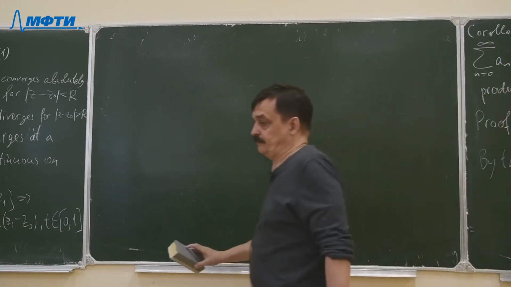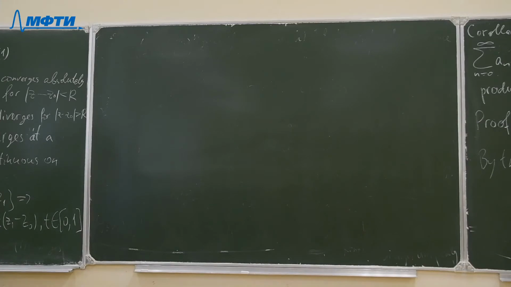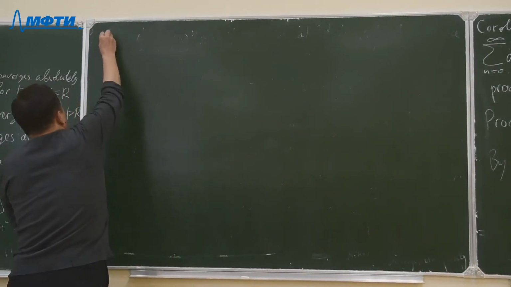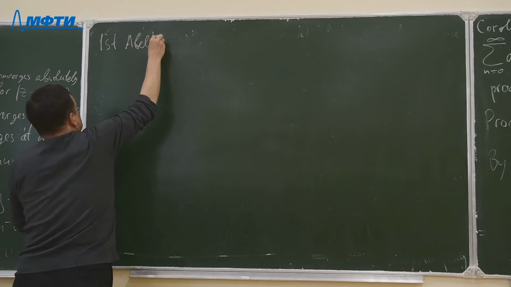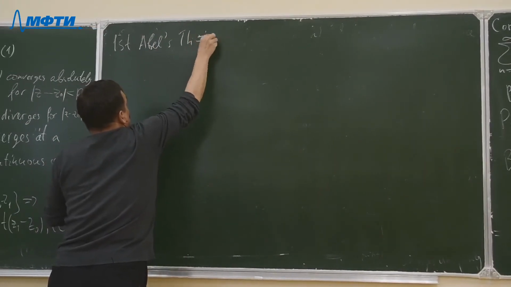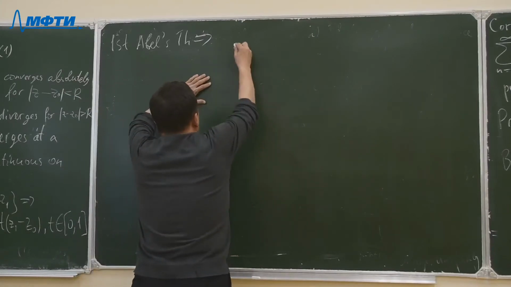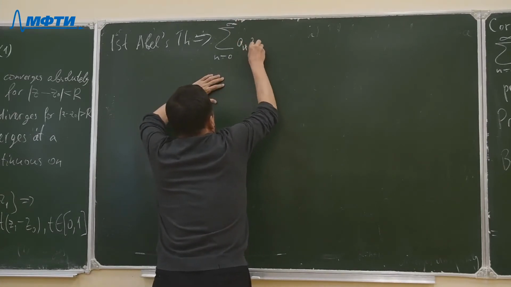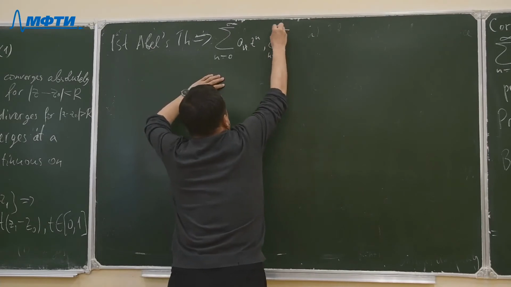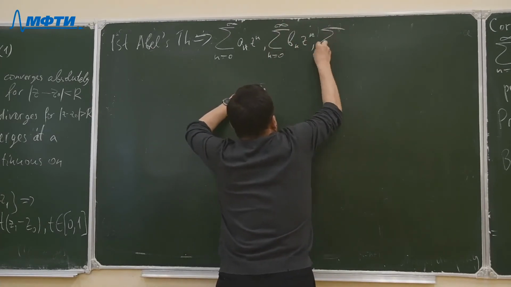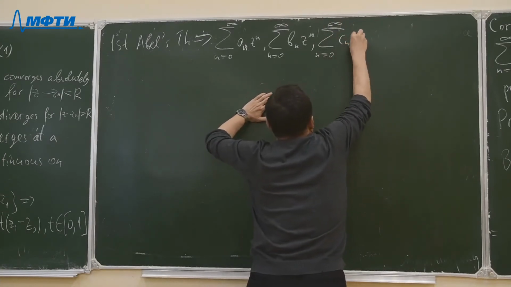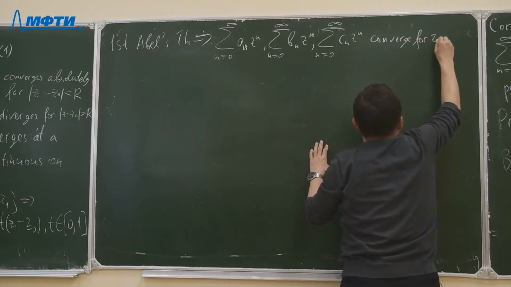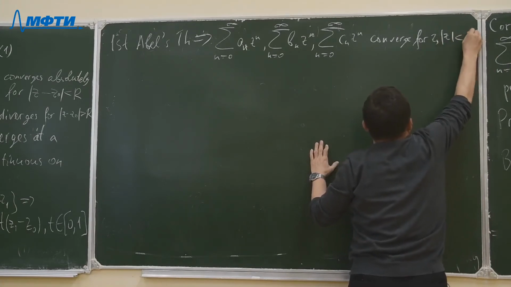So, what we know by the first Abel's theorem implies that all those series converge for z such that modulus of z is less than 1.